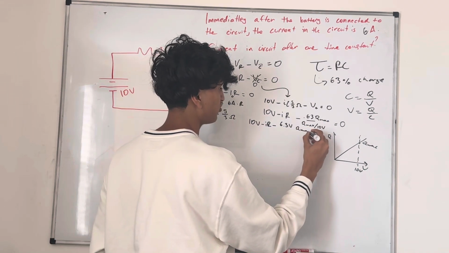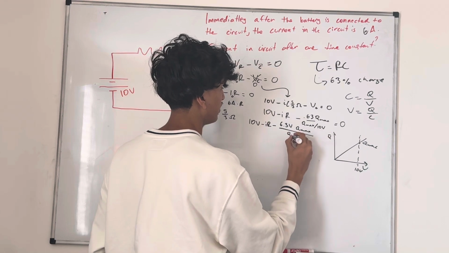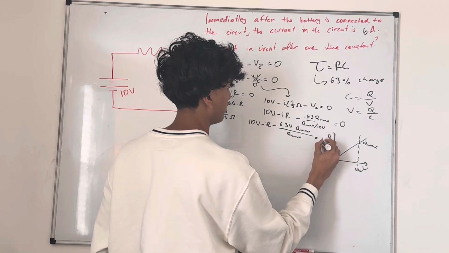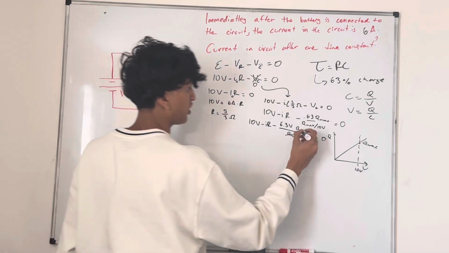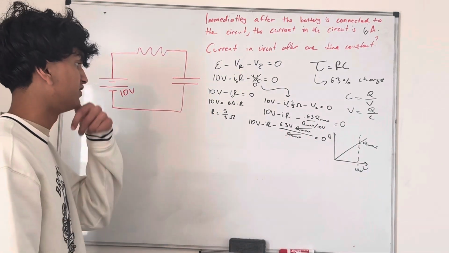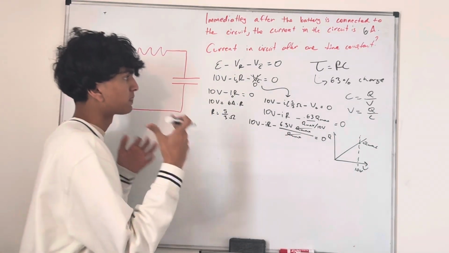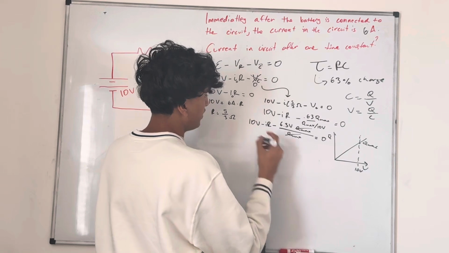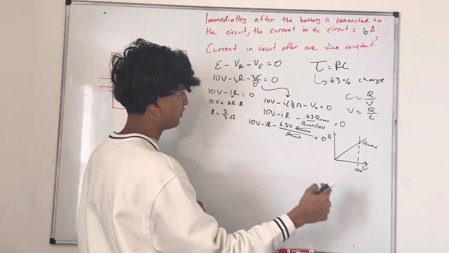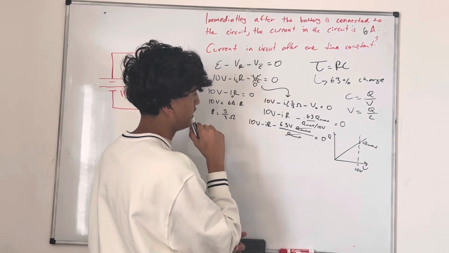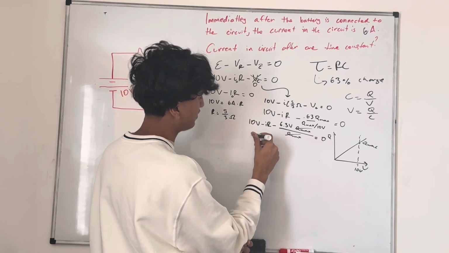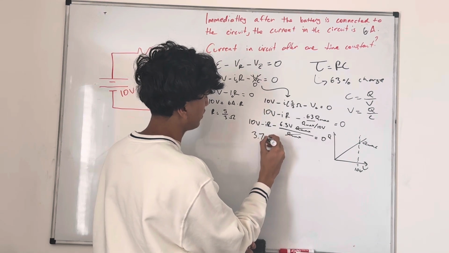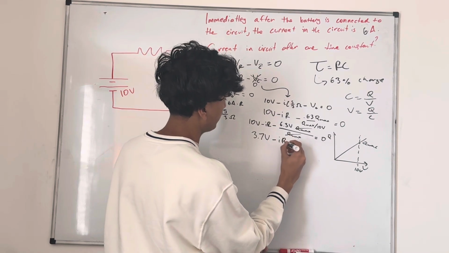The Q max drops out. That's pretty nice, right? I don't even need to know what the maximum amount of charge it's going to be. So 10 volts minus 6.3 volts, you get 3.7 volts minus IR is equal to 0.